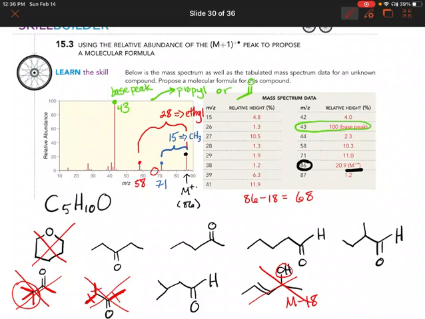Now, we also said that we would lose potentially a propyl group. So are there any molecules that could not lose a propyl group? Well, this ketone here only has ethyl groups, so we can rule that out.